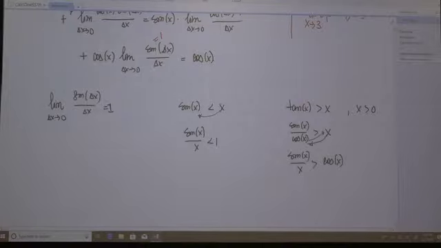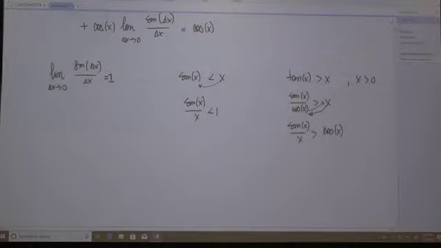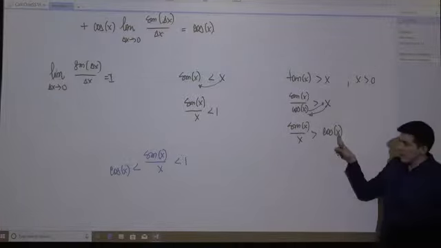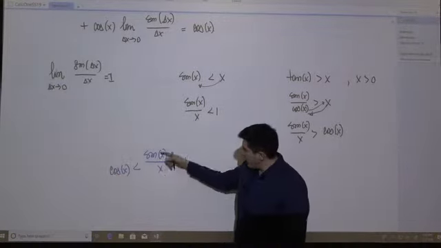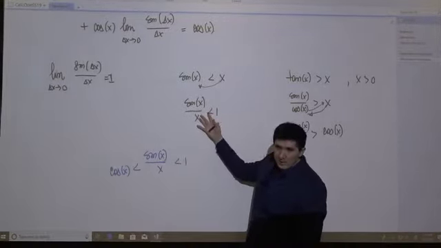If I combine these two inequalities, we get the big inequality: sine of x over x is less than 1, but more than cosine of x. Do you see this? The first part is sine of x over x is more than cosine of x, and the second part is sine of x over x is less than 1.